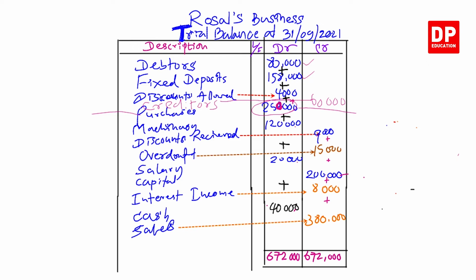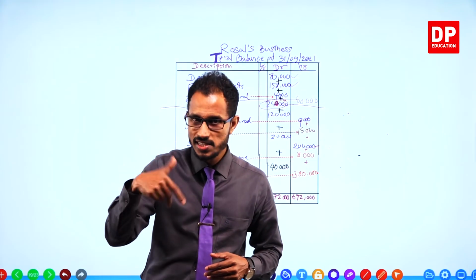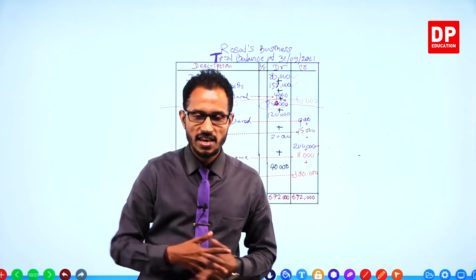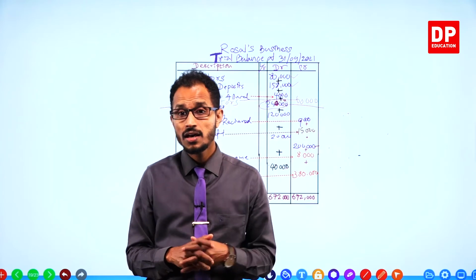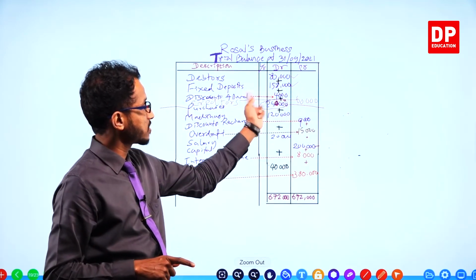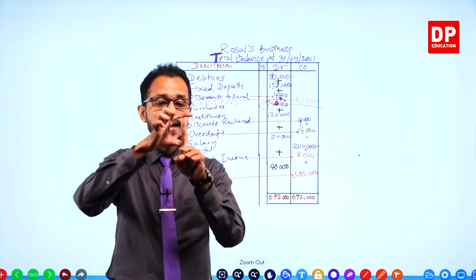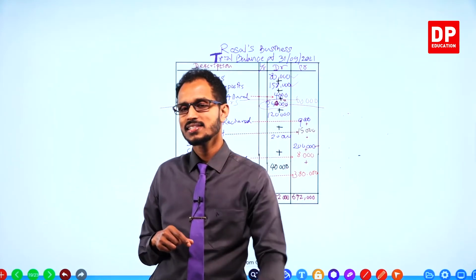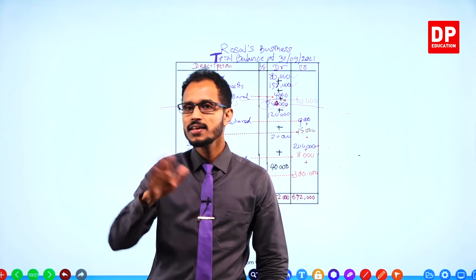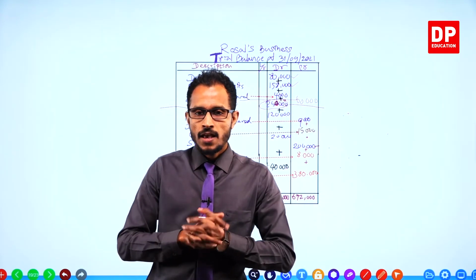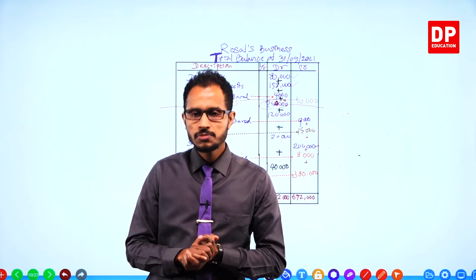So with that, children, again we reminded ourselves the easy method which I gave you to remember which balances should be in the debit side and which balances should be in the credit side. The debit-credit system: debit items in the debit side, credit items in the credit side. So that is making a trial balance.